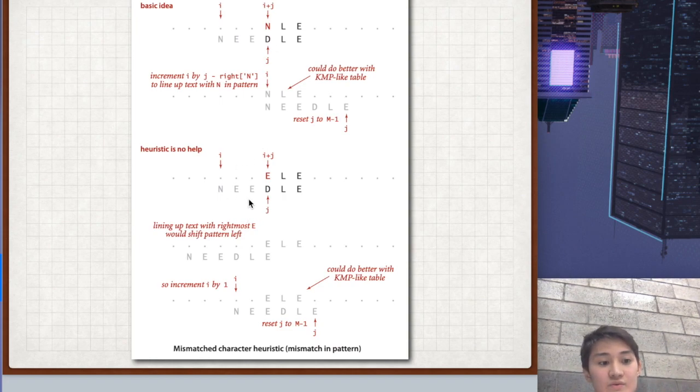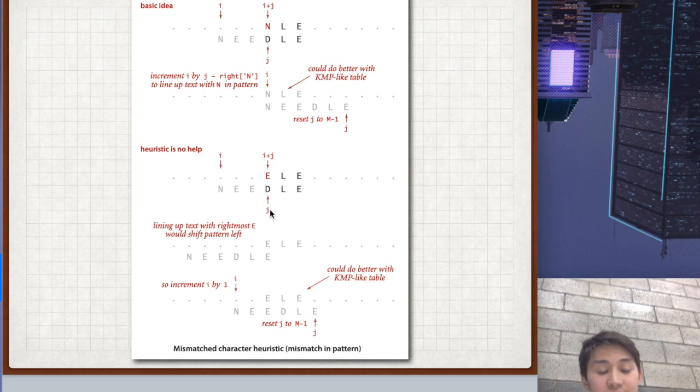Again, anything less would align that text character with a pattern character it could not match, one to the right of its rightmost occurrence. If this computation would not increase i, we just increment i instead to make sure that the pattern always slides at least one position to the right. The bottom example in this figure illustrates this situation.